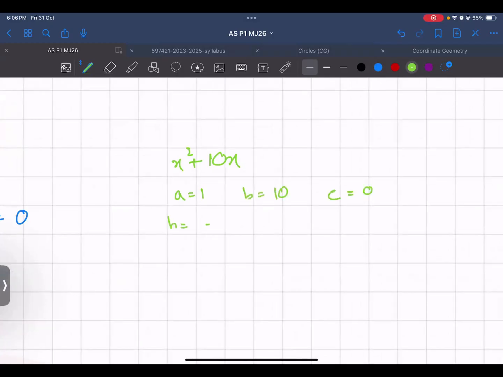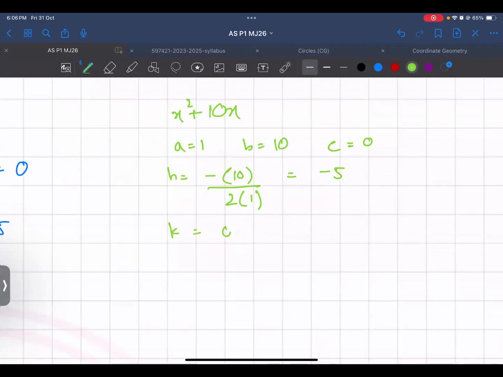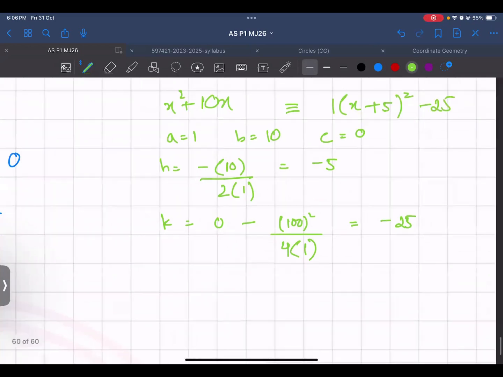So h is minus b upon 2a, which is minus 5, and your k is 0 minus b square upon 4a, which is minus 25. So this is coming out as x plus 5 whole square minus 25.